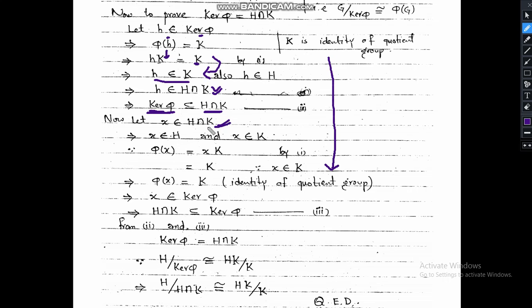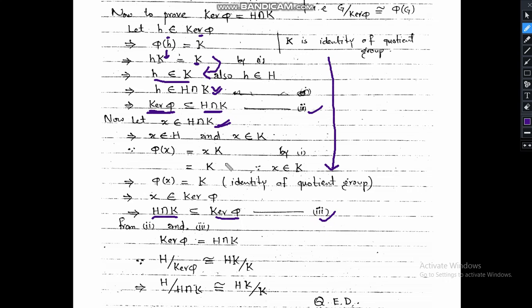Again we are taking any element in this intersection, and we are again showing that every element which is available in H intersection K will be available in the kernel of phi. So here we are taking this property second and property third.